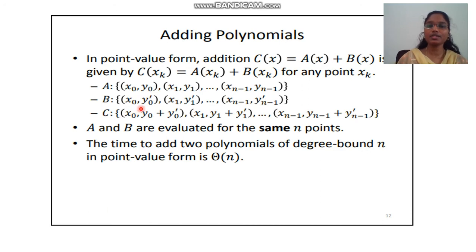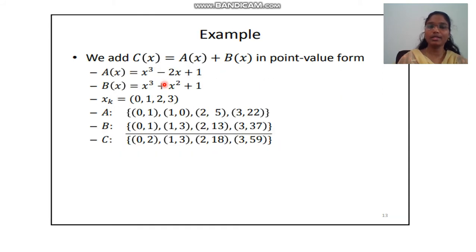So using this point value representation, how can we add the polynomials? Adding the polynomials is very easy. Here we are going to add only the coefficient values. C of x is equal to a of x plus b of x in point value form. So we are going to add only the coefficient values, or the y values.